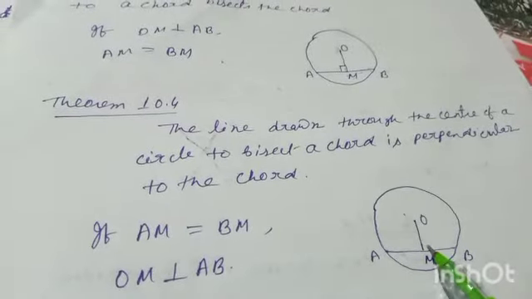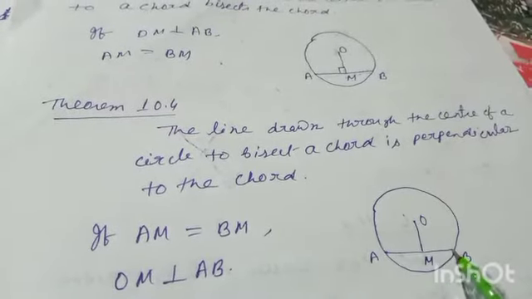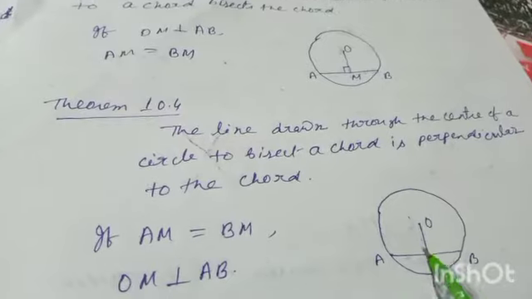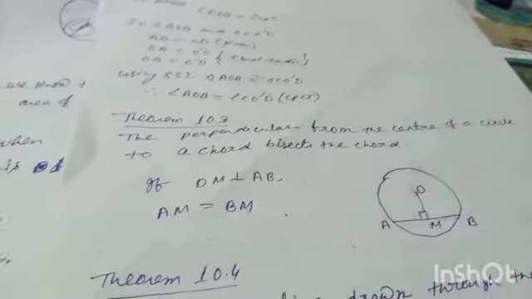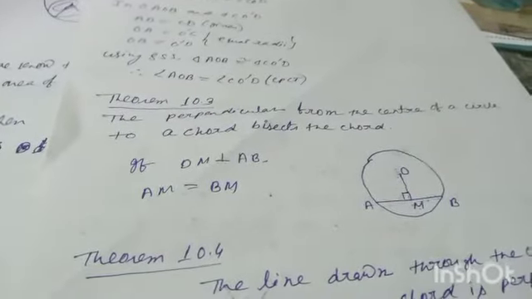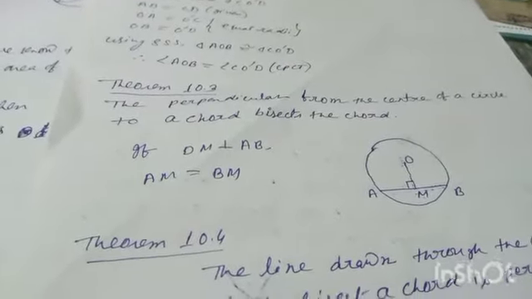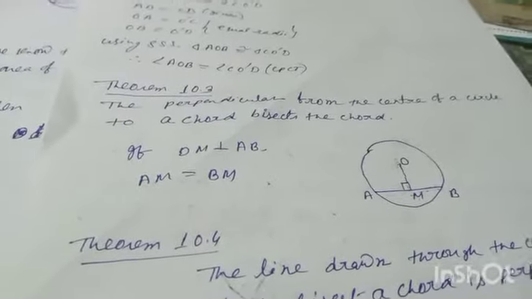Means if it is perpendicular, then it bisects, and if it is bisected, then it is perpendicular. Clear? These theorems are very, very important because you have to use them to solve the sums given in Exercises 10.3 and 10.4.